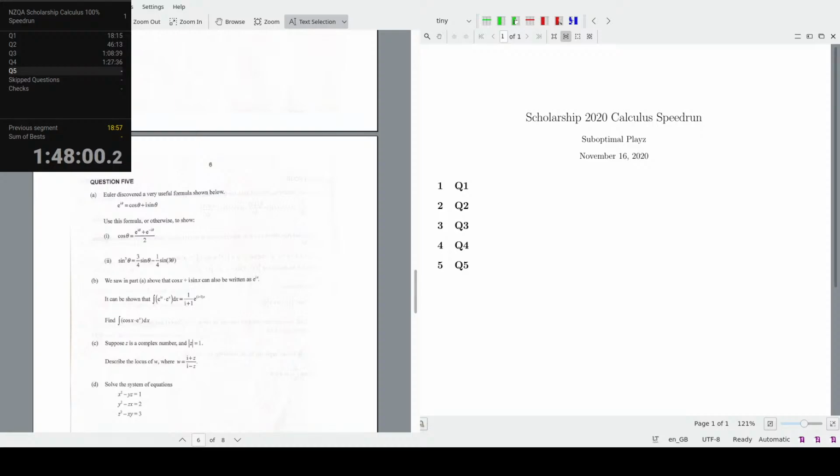Wait, actually, no. I plus 1 squared is the 90 degrees one. I plus 1 squared just becomes 2, right? And okay, so when z is 1, w is i.